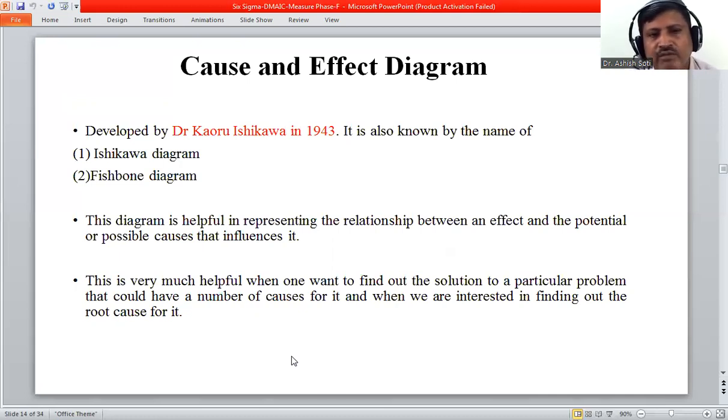This diagram is helpful for representing the relationship between an effect and the possible causes that influence it. It is very helpful when one wants to find the solution of a particular problem that could have a number of causes, and when it is interesting to find out the root cause of it. So it helps you to understand and focus on the particular problem, and the associated CTQ can be analyzed and improved.